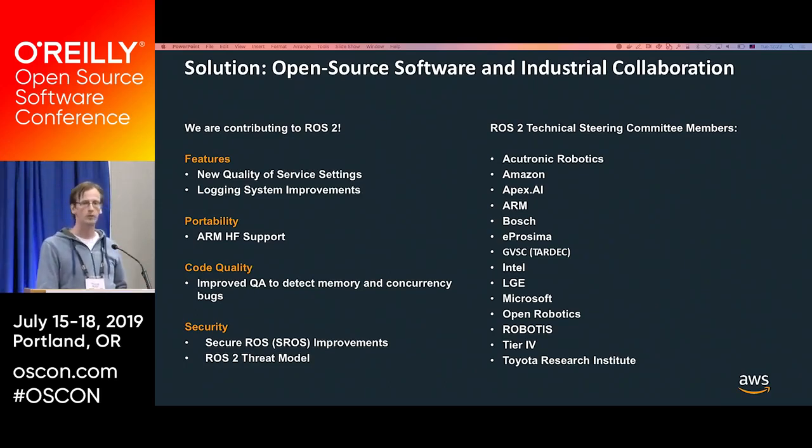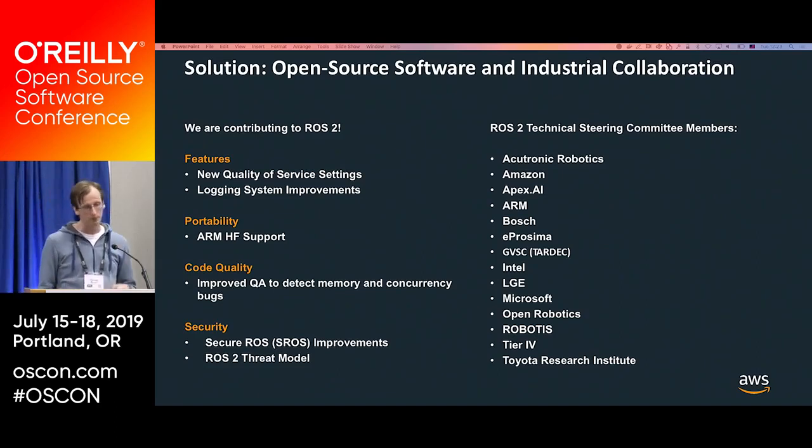ROS 2 comes with a secure version where the communication between the components is done over encrypted transport layers, and we're also contributing to that. We also authored a ROS 2 threat model to help startups building robotics products have a kind of checklist to know what they should care about if they want to design a robot for security.